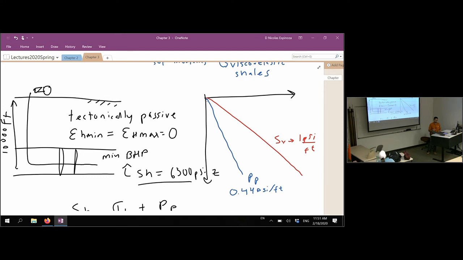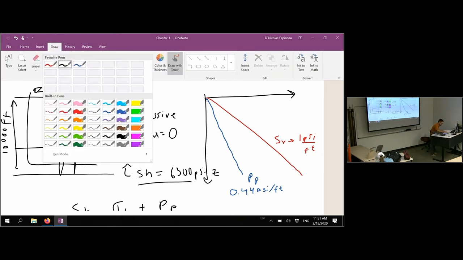All right, so now you can tell what is horizontal stress at a given depth with these new relationships that we have. And let me plot this. Probably will do it with another color.